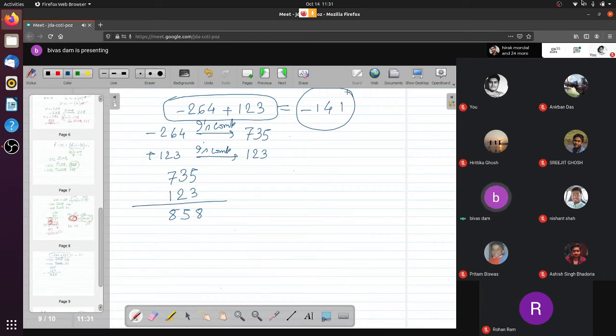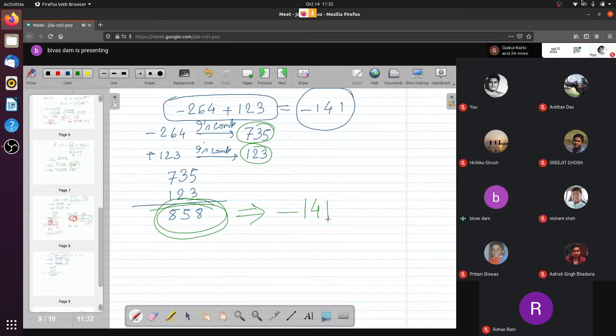What is the ninth complement of minus 141? 858. So after adding this, I am getting this, which if I take the reverse transformation will lead to minus 141.